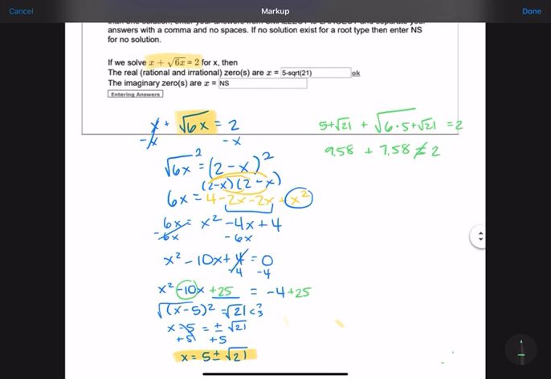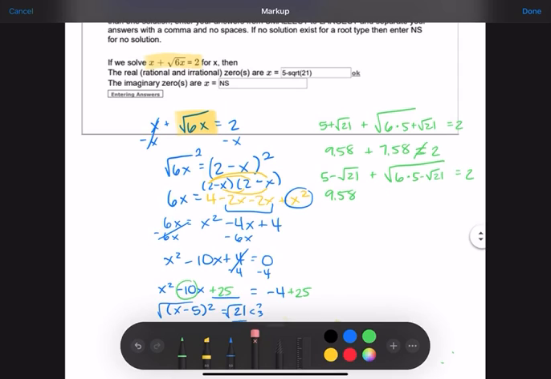So I need to check my second solution and see if this one works out. So now I'm looking at 5 minus the square root of 21 plus the square root of 6 times 5 minus the square root of 21 equals 2. Let's see if this one works out. Oh, never mind. Back up. This is minus, so it's not going to be the same thing. That was a mistake.